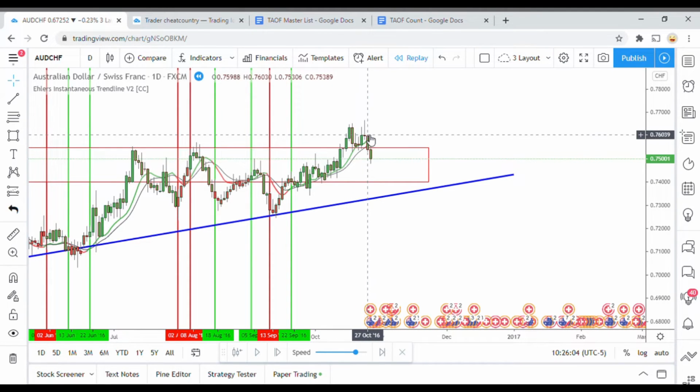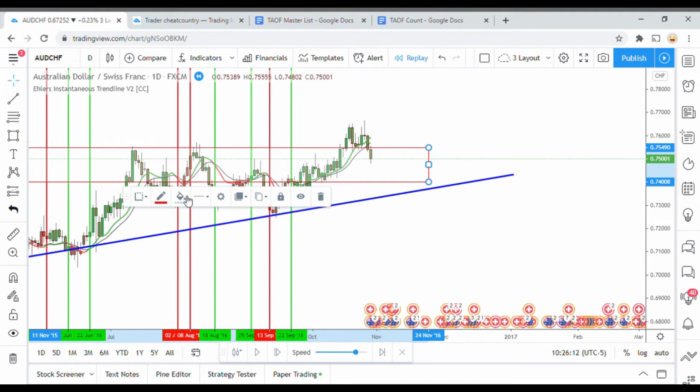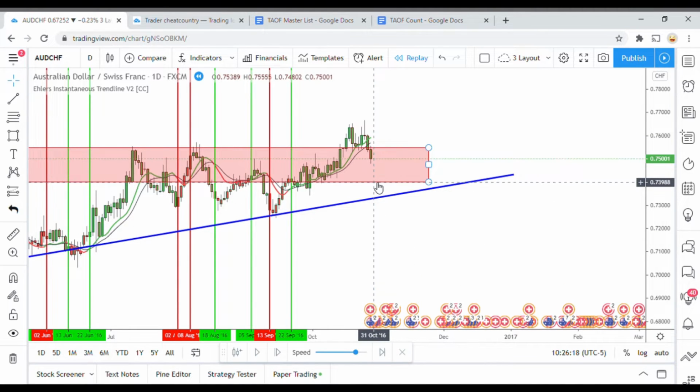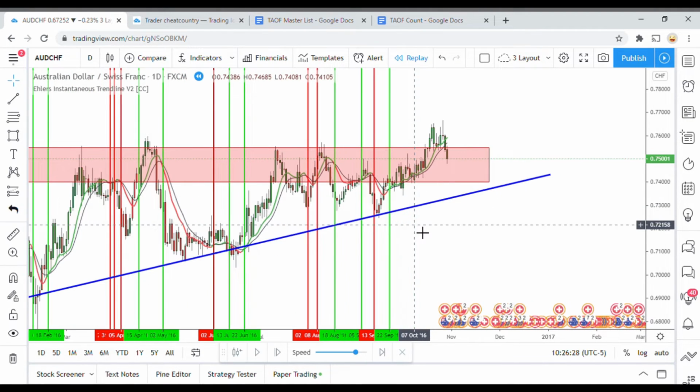It came up and double topped right here, and then it pushed itself back down into this red zone that we were talking about. And so now there is a very good chance that it's going to come down and test this lower part of the box here, or it's going to come down and test this blue line here.